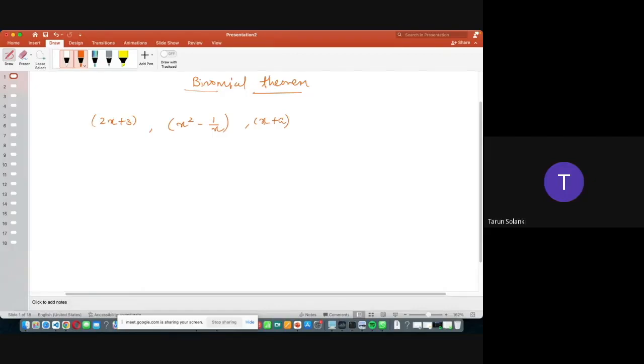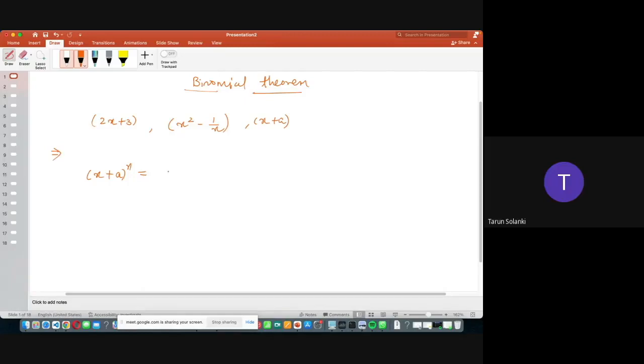Okay. Now let's come to the next part. What is a binomial theorem? Okay. So the formula by which any power of binomial can be expanded in the form of series is called as binomial theorem. Okay. So now let me write the theorem equation. So that means (x plus a) power n, right?